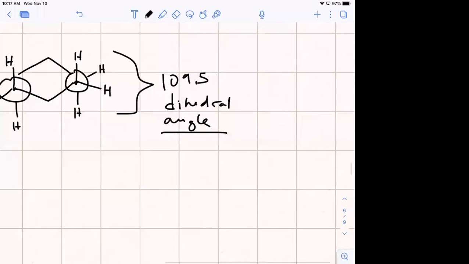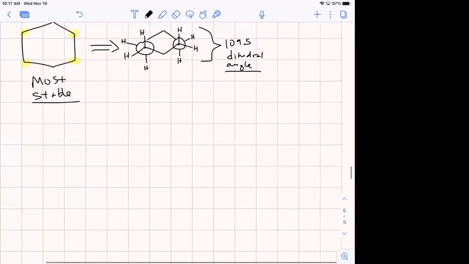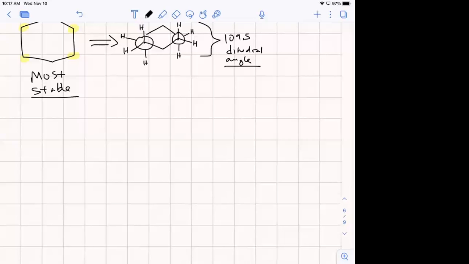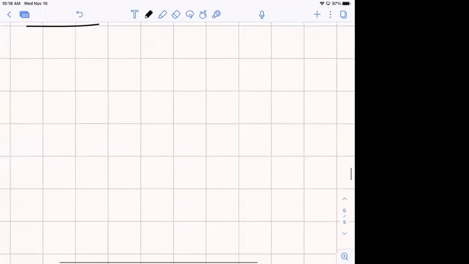Right, so the angles between those hydrogens give that ring stability because you don't have a lot of eclipsing interactions, right? And so the 6-member ring is going to adopt the most stable conformation. So a lot of times you see a 6-member ring written like a hexagon, but in reality, it actually exists as what we call a chair.